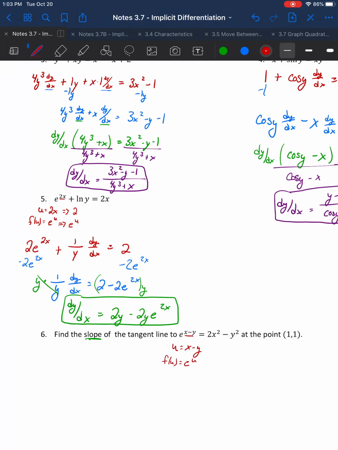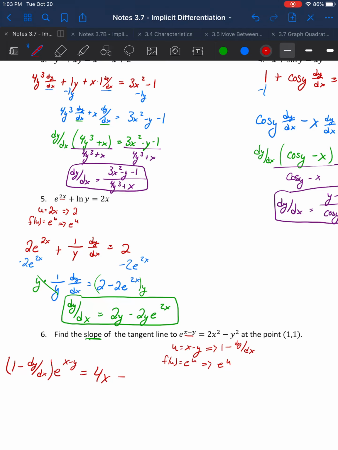Okay, one last one, finding, and I'm asking you just to stop at the slope, okay? On your homework, you will be asked to write the equation, which I may go ahead and write the equation anyways, but slope of the tangent line means I have to take the derivative. So look here, I've got another u. So f of u would be e to the u.